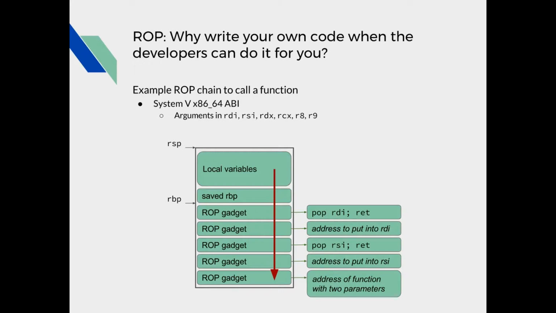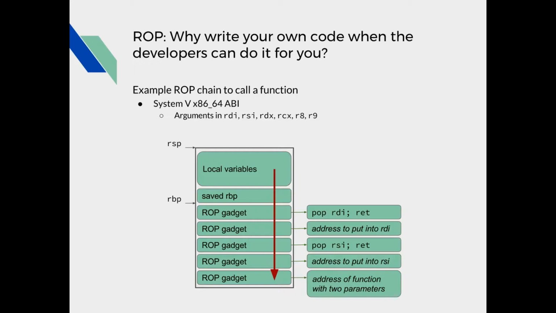So an example of calling a function with 2 parameters using ROP, you can find a gadget that does pop RDI and then ret. And so that'll pop that off the stack when you run it. And then the next one, it'll pop that off and put it into the RDI register. You can do the same for RSI. And then once you've done that, you've got the function parameters loaded in, and you can just call the function.